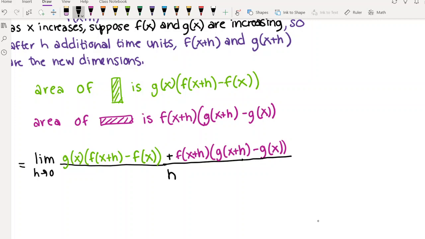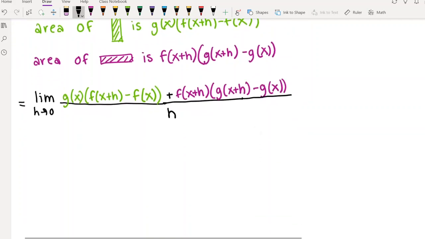Okay. So the next step is we know that when you have limits, you can split them up with addition, right? Like if you have the limit of two things being added together, you can take the limit of each part separately. And so basically, because we have two things, the expression written in green and the one written in magenta, they're both over h, we can split it into two fractions and kind of use that to split it into two limits.